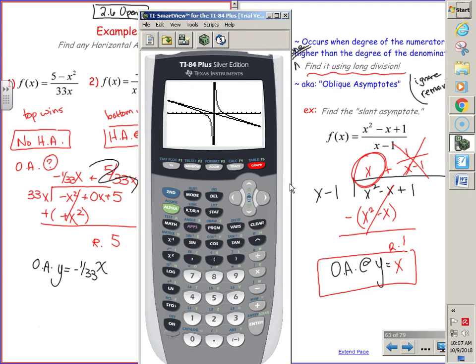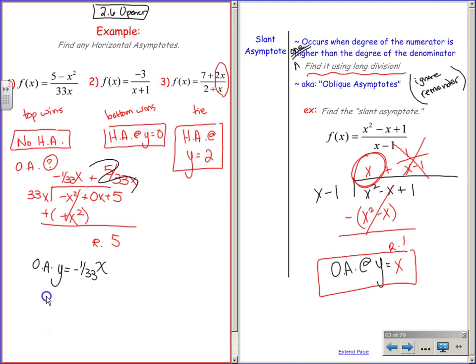So horizontal asymptotes are nice horizontal lines that the curves approach, found by the bottom winning, a horizontal asymptote at 0, or a tie, a horizontal asymptote at the ratio of leading coefficients. If the top wins, there is no horizontal asymptote. The curve won't get closer and closer to any horizontal line, but it may have an oblique asymptote.